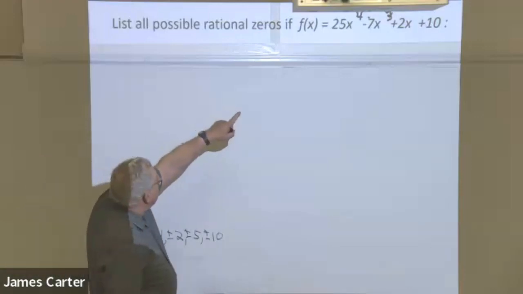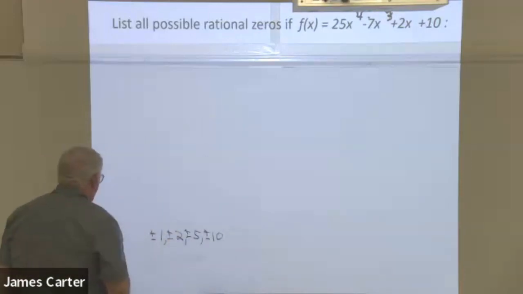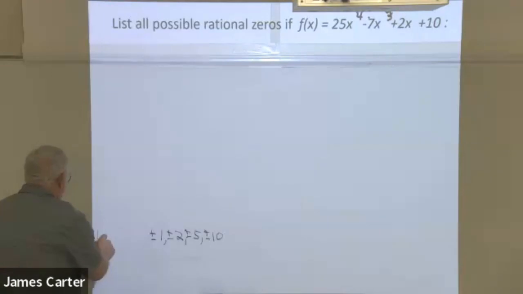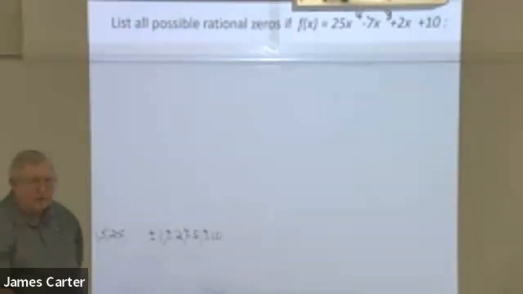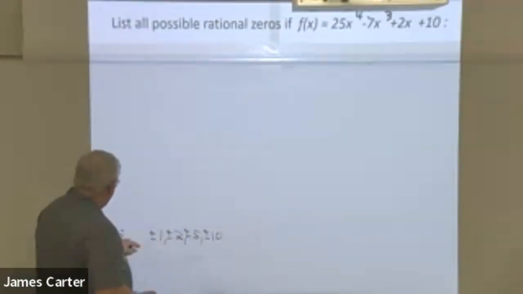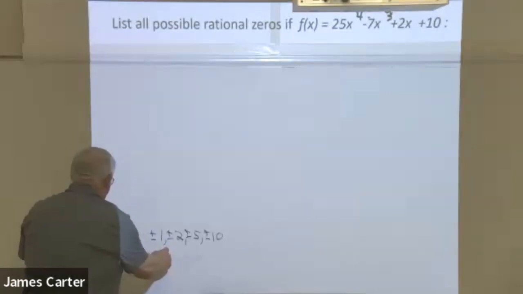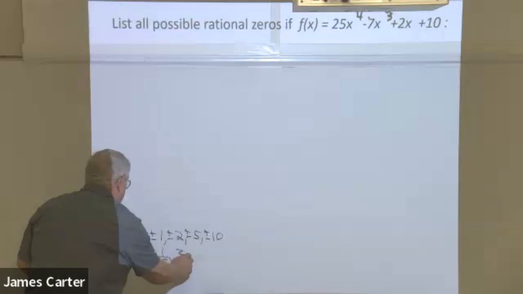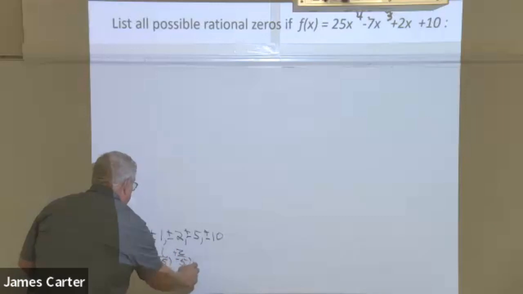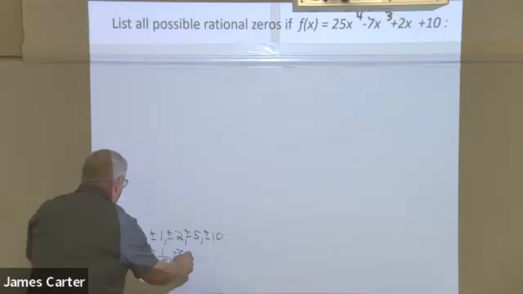Now let's throw the 25 into the mix. What are the factors of 25? 1, 5, and 25. Those are the only factors of 25. So we've got to put all of these over fifths and 25ths. So here, 1/5, plus or minus 2/5, plus or minus 5/5, but 5/5 becomes 1.